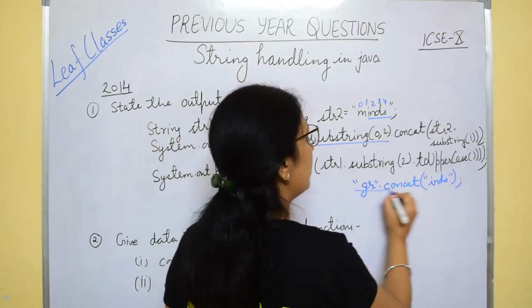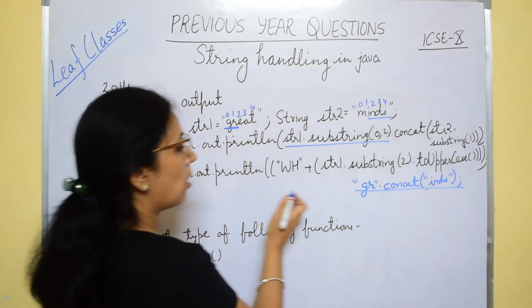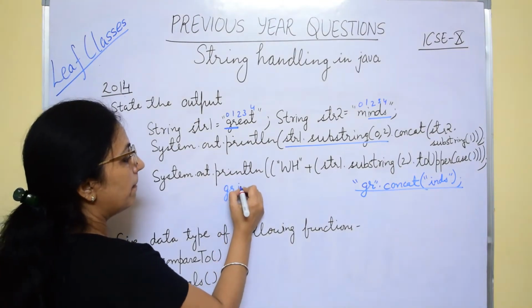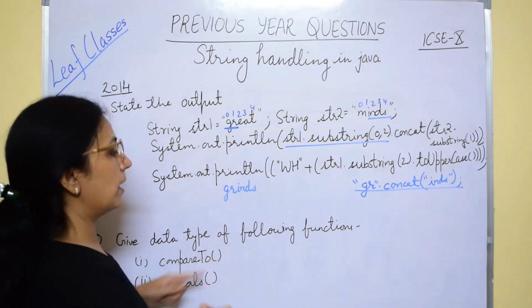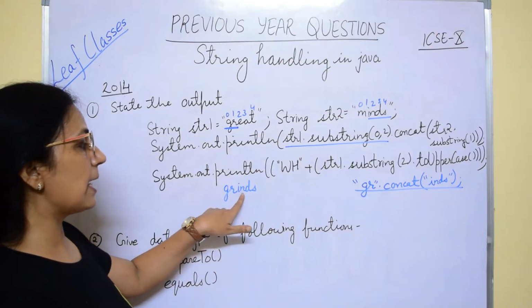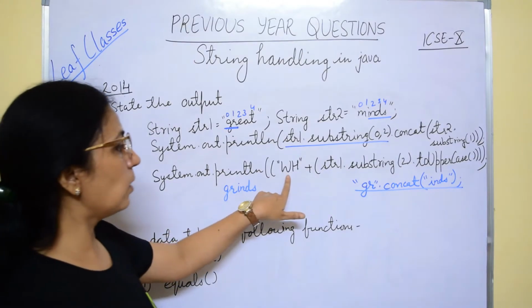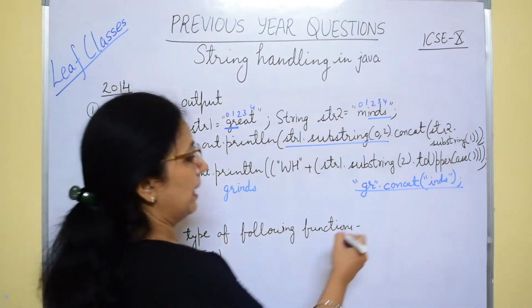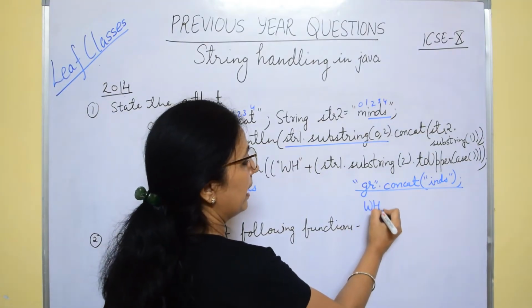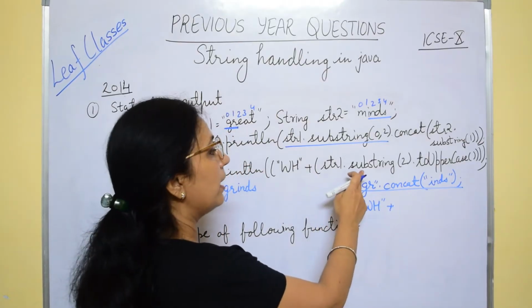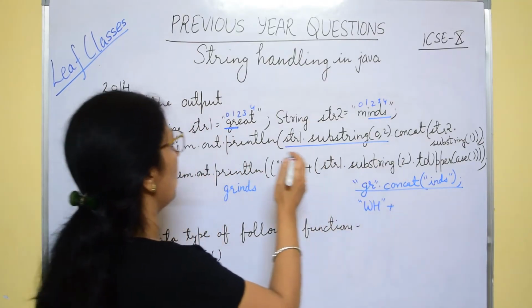So what will be the result of gr dot concat inds? So the output will be joining of both the strings. So you will get the output grinds. Now let us move to the second one, wh plus. So in the beginning we will write wh plus str1 dot substring of 2.